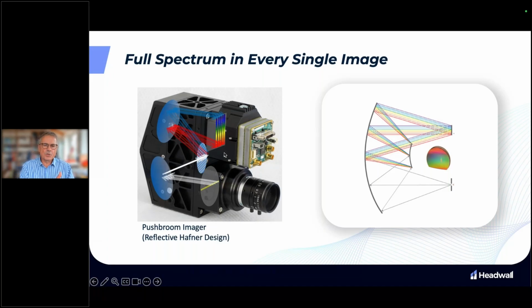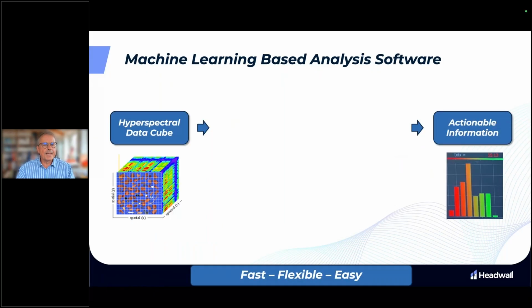And then by scanning your substrate line by line while you're moving it under your imager, you come to what is called the hyperspectral data cube, with hundreds of pieces of information in every single pixel.